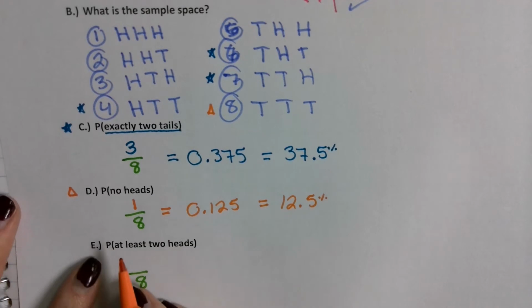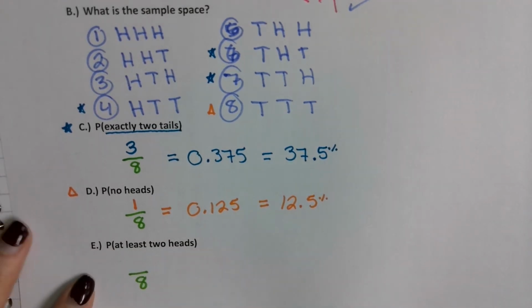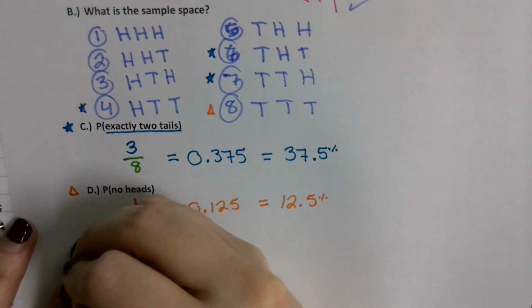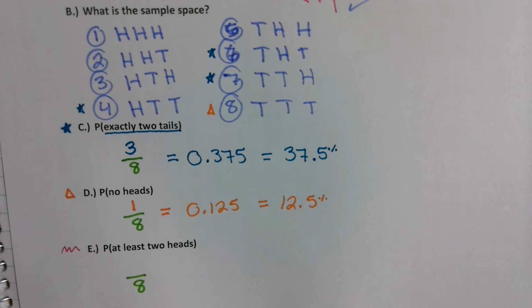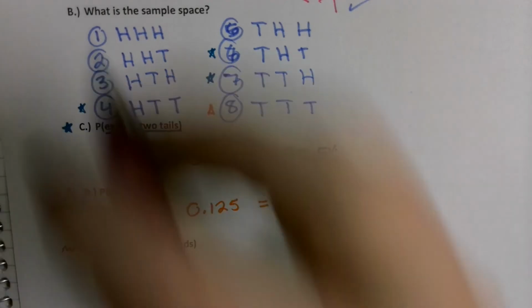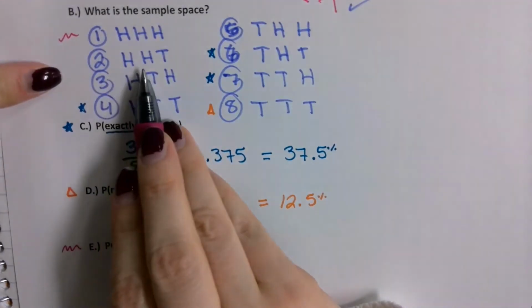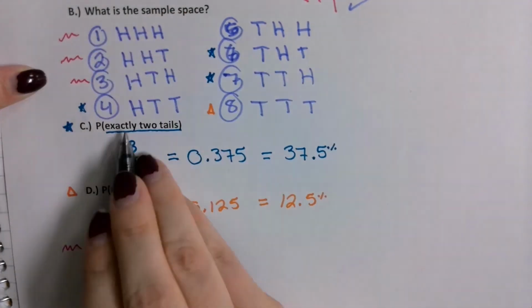Probability of at least 2 heads. At least 2 heads. I'm going to go ahead and do a squiggly line in pink next to the E. At least 2 heads. Number 1? At least 2 heads? Yes. 2? 3? 4?